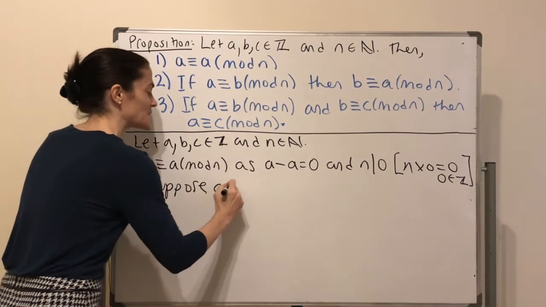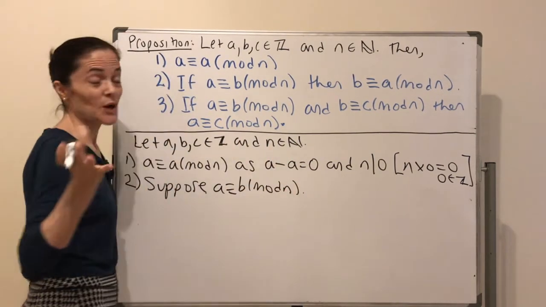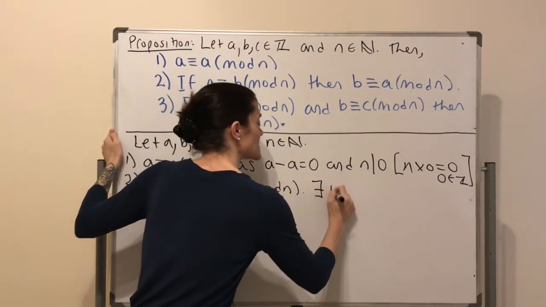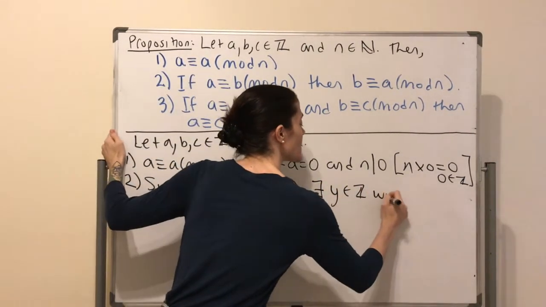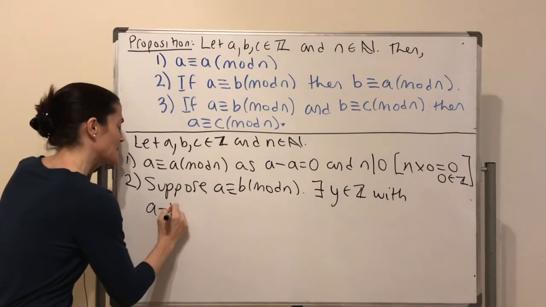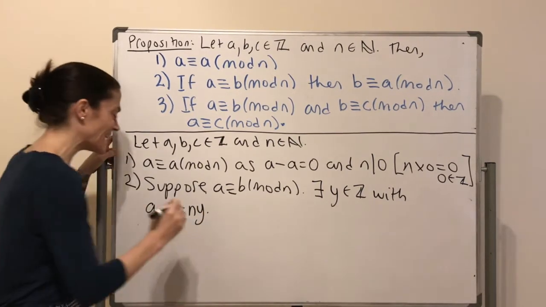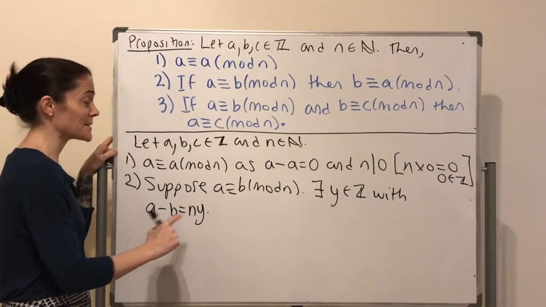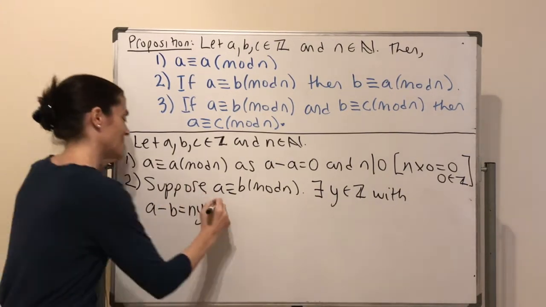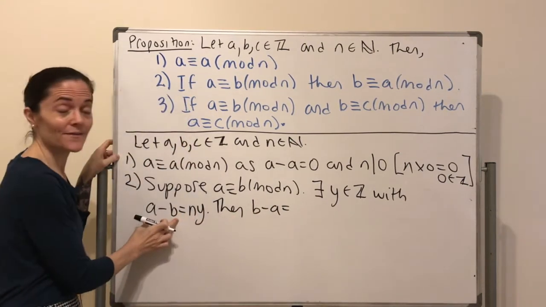Suppose a is congruent to b mod n. We need to show b is congruent to a mod n. There exists y and z with, well, the definition of this is that a minus b is ny. Then, well, what I want to say is something about b minus a. I want this to be a multiple of n. B minus a is just negative a minus b.